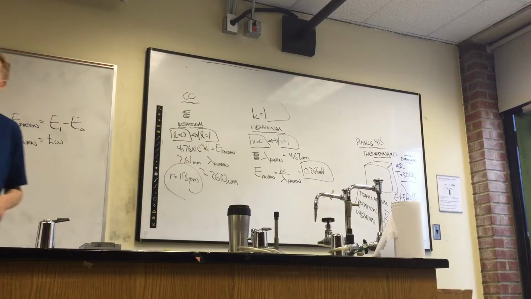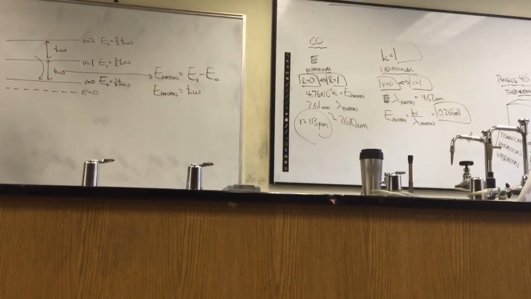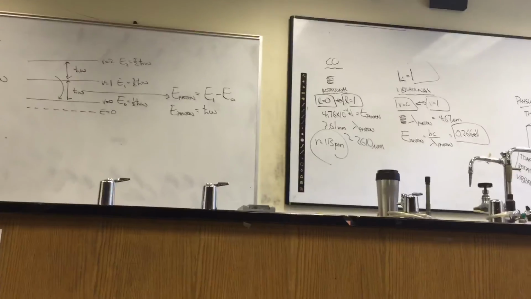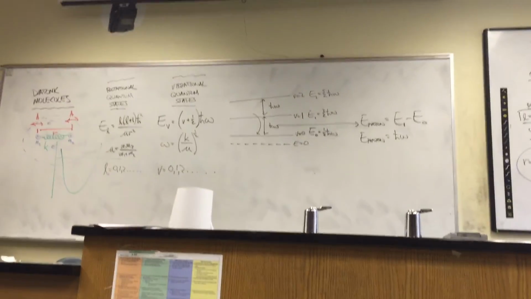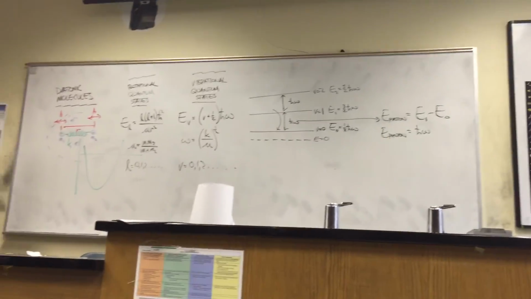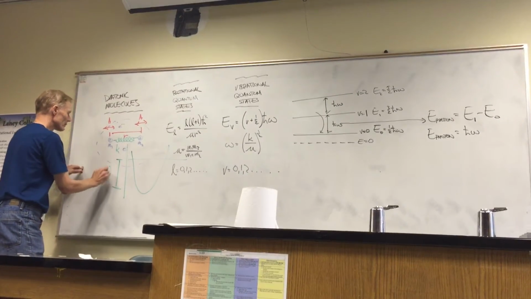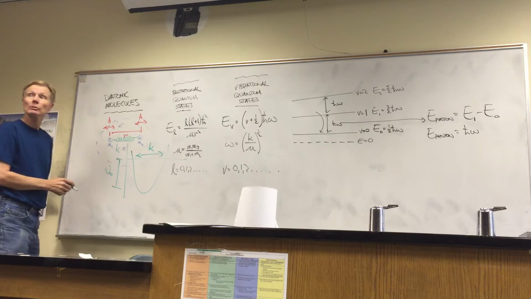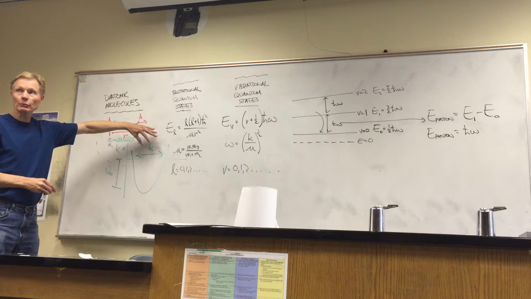Is the stiffness related to bond energy? Not necessarily. If we go back to that energy diagram we had, bond energy is how deep this is. K is related to how narrow this is. If this is relatively narrow, that's a large K value.